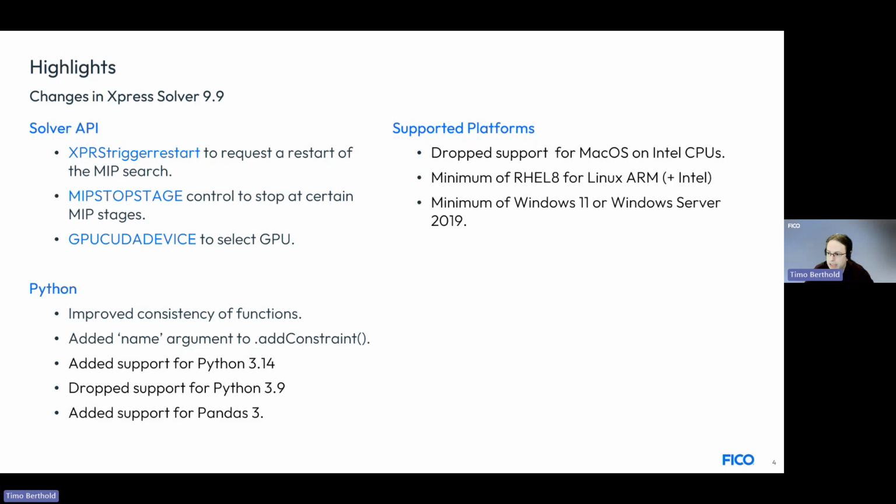We also slightly increased our minimum requirements for our Linux ARM distribution, which is now in line with the Intel Linux distribution. Specifically, we are requiring a minimum of Red Hat 8 or equivalent. And finally, for Windows, we are dropping Windows 10 and Windows Server 2016 support, mostly because Microsoft is dropping support for those as well. So we go with the next slide.